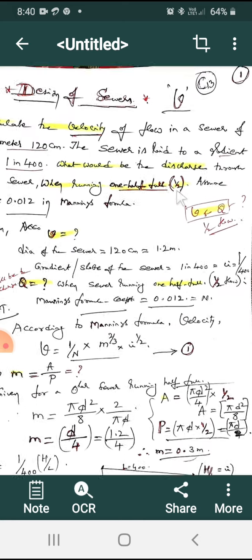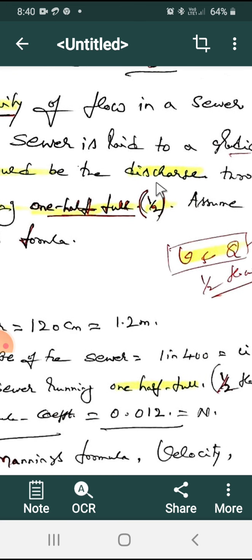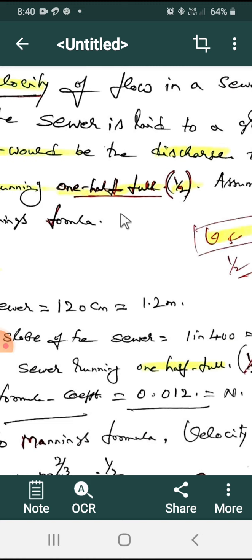Remember it. I am going to explain what this half full is. Half full means what actually? See, there is a diameter. That pipe has a diameter and radius. Radius is r. 2r is equal to 1 diameter. Now, half full means how much? How many halves are there in a circle? 2 halves.